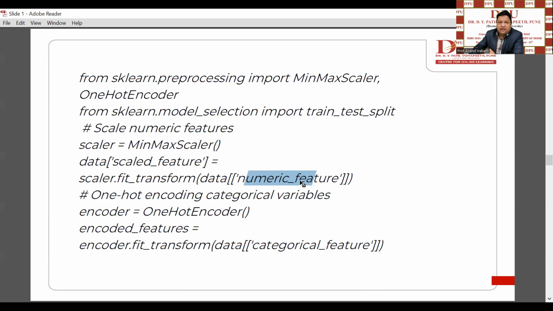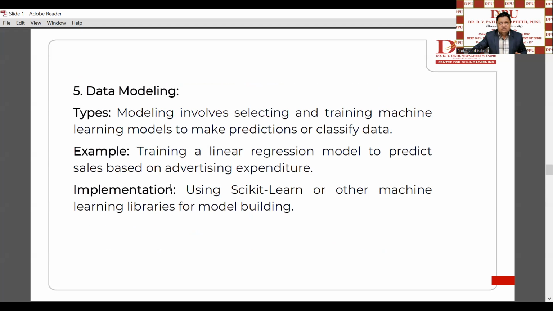I specify in the brackets the names of the columns having numerical values, so that all the values in those columns can be brought into the same scale. So this is about bringing your data into the same scale and converting the categorical features into numerical ones. That is step number 4. Now we'll see step number 5, that is data modeling.